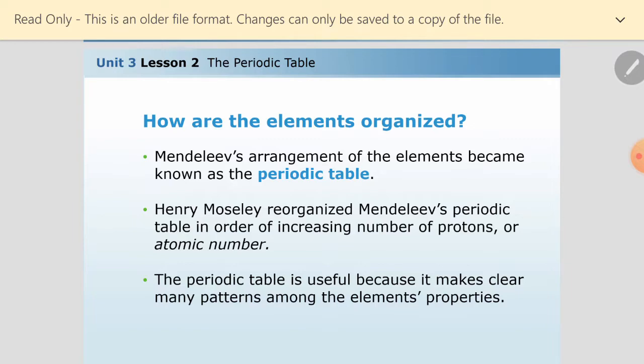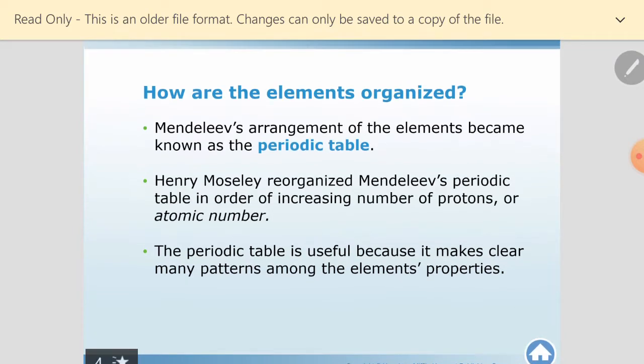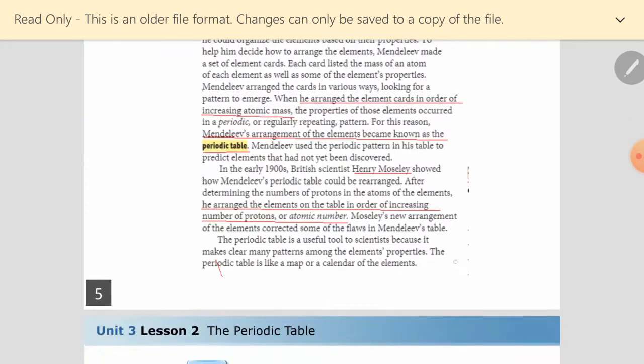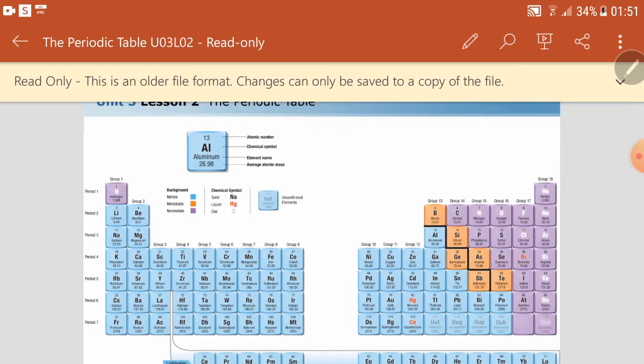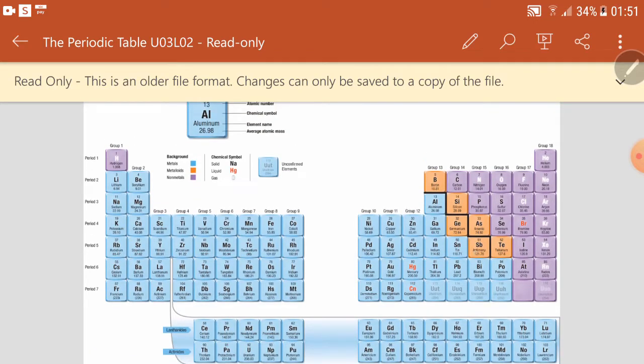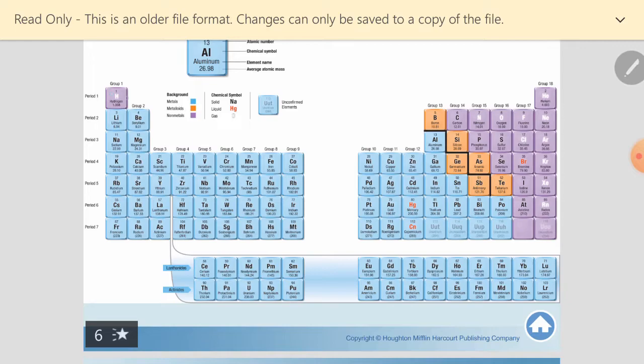The periodic table is useful because it makes many patterns among the elements' properties clear. So they depend on the periodic table for studying the elements' properties. As you see here in the periodic table, they put in order from hydrogen, which is the first one, to the end.